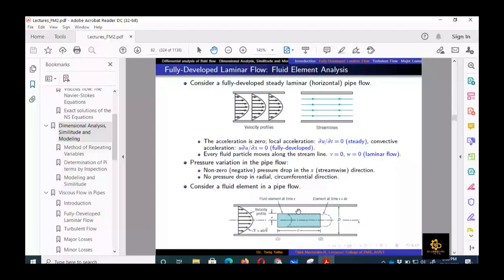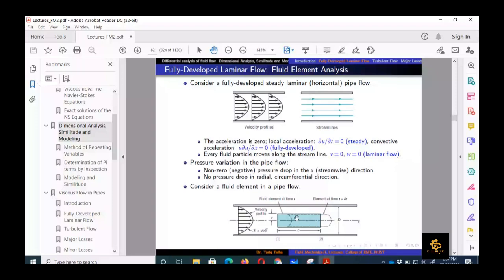We are seeing the front view, so it looks like a rectangular component. But if we see from this side, we would see a circular cross section, because we are talking about pipe flow. So after time t plus delta t, it would take a cylindrical shape, because there would be some shear force applied on this fluid element by the next element on top of it, right?